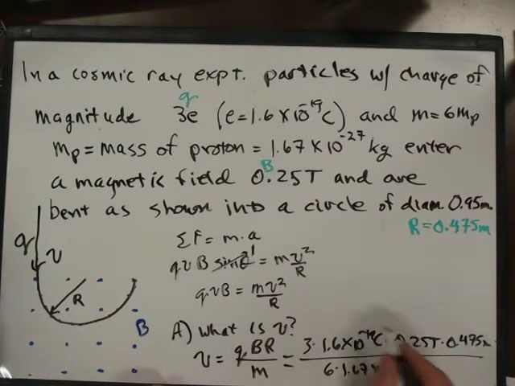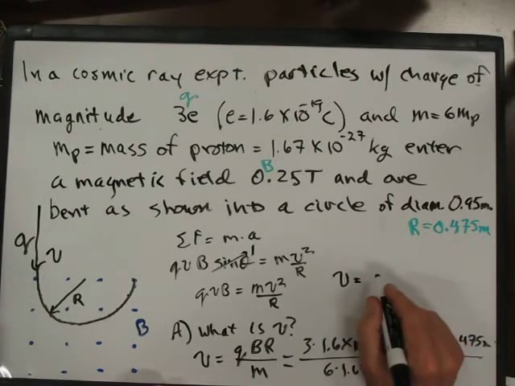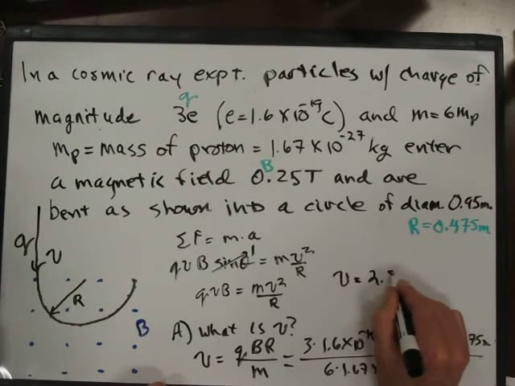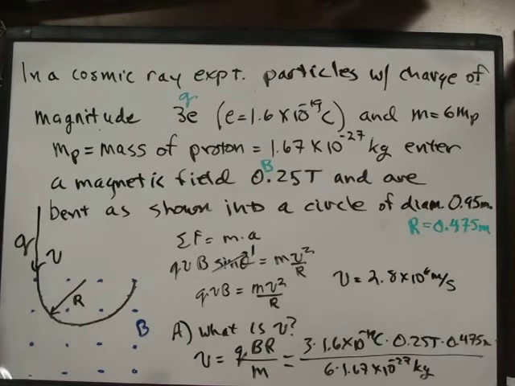If you evaluate that, I get V equals 2.8 times 10 to the 6th meters per second. So a high velocity. That's how fast they're going.